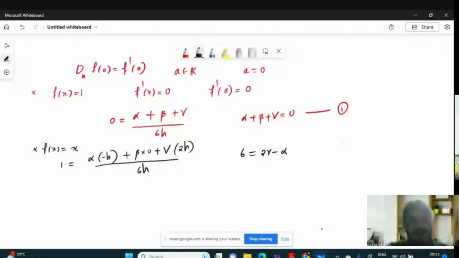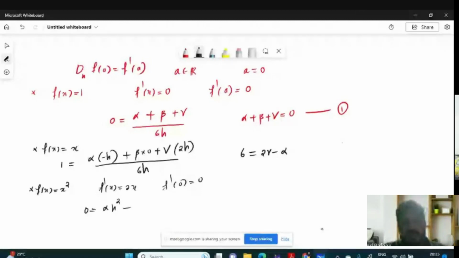Now you take f(x) is equal to x squared. The derivative is nothing but 2x. So f'(x) is 2x, and f'(0), with a considered as 0, is 0 only. So that side is 0. Alpha into negative h, with a as 0, negative h whole squared, alpha h squared. Plus beta into 0 squared, 0 only.